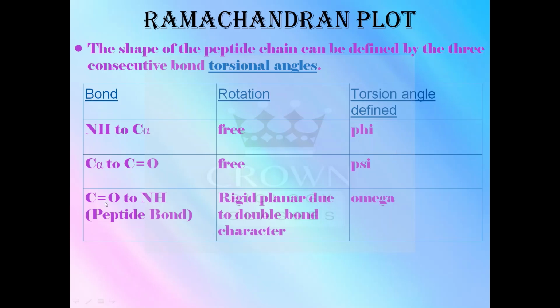The third bond is carbonyl to NH, that is the peptide bond. Rotation is restricted, rigid and planar due to double bond character. As a result of resonance, this peptide bond acquires double bond character, and its rotation is restricted and it becomes rigid planar. The torsion angle defined by this bond is omega.